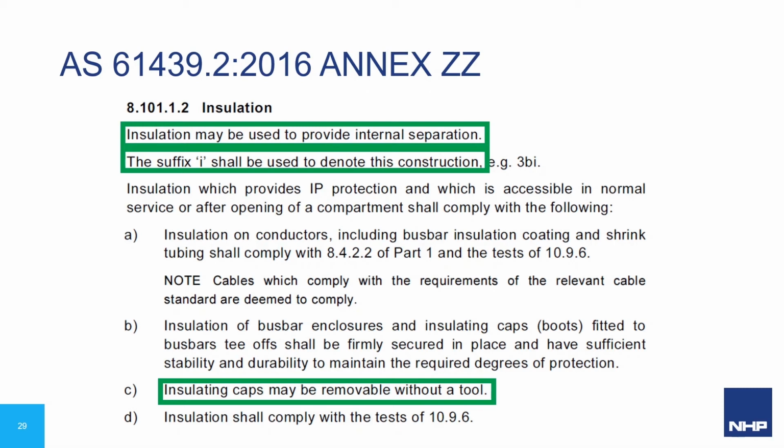Annex ZZ also tells us we can use insulation to provide internal separation. This could be insulating a bus bar, insulated cable that contributes to our bus bar system, or insulation of cables if we are separating them. It also covers the insulation of spare poles of a chassis with removable tee-off caps.